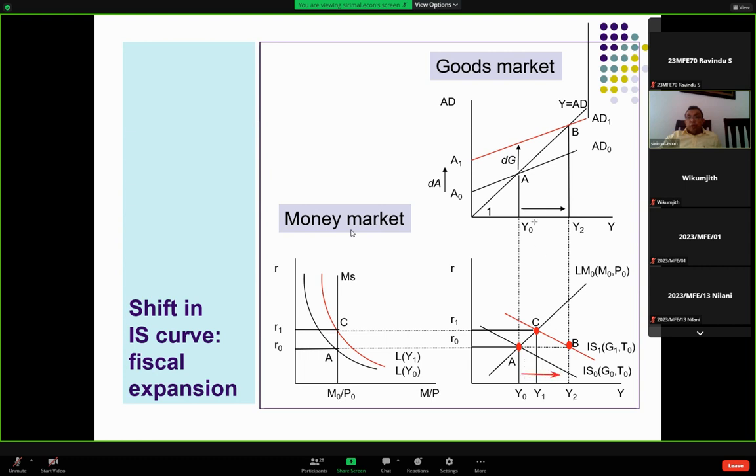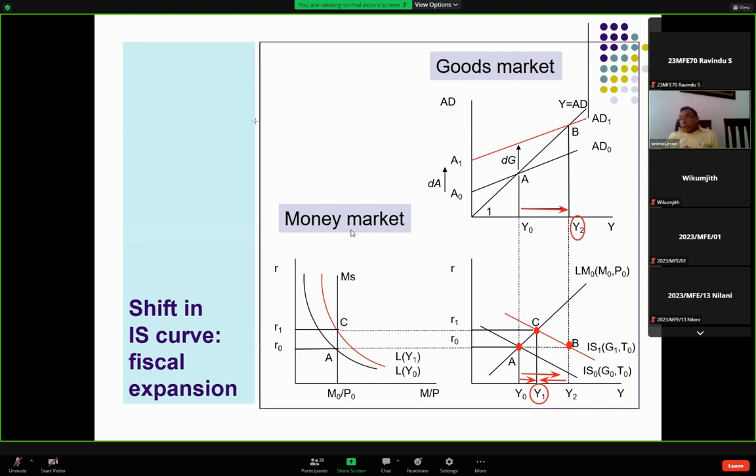That's what you saw here. But according to this graph, it has come down and you are now here. The net increase is only to Y1, not Y2. Here it is Y2, but here it is Y1.